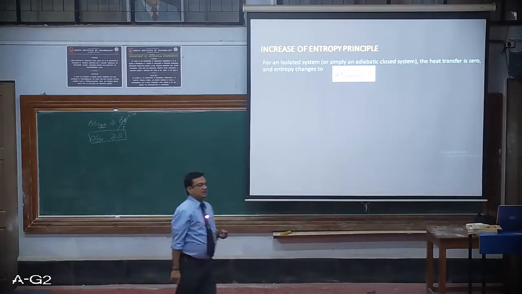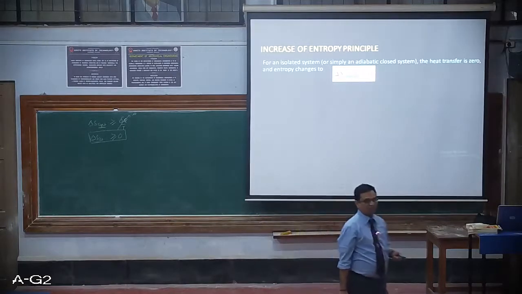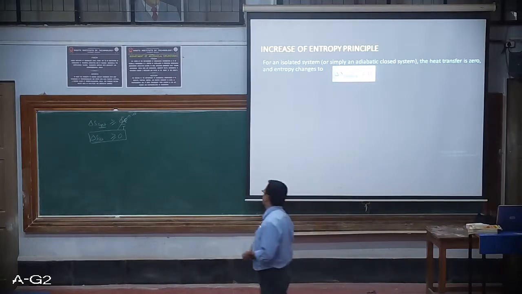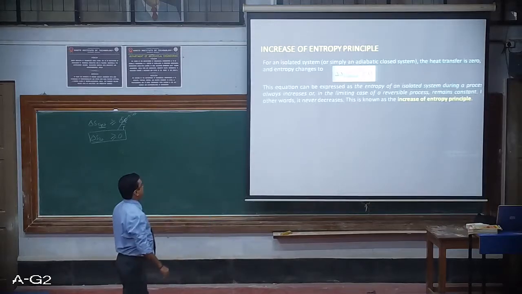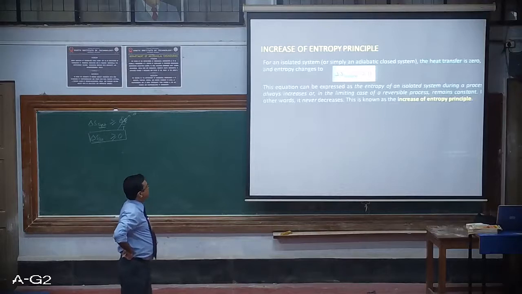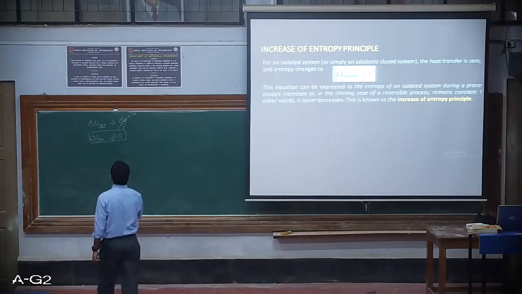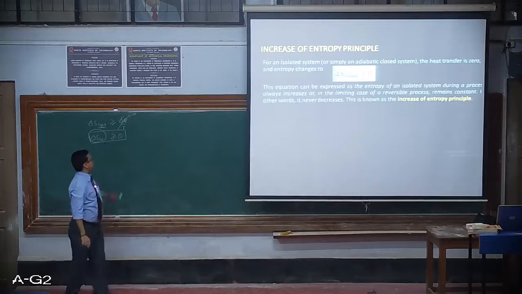Again, the equality and inequalities are fixed. Equality is for a reversible process and inequality is always for an irreversible or an actual process. Now this equation can be expressed as: the entropy of an isolated system during a process always increases. So this says that though we consider it an isolated system, the entropy always increases, greater than 0.